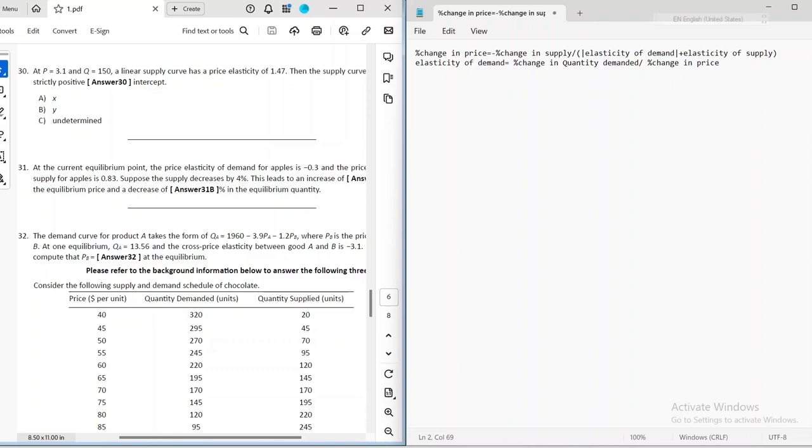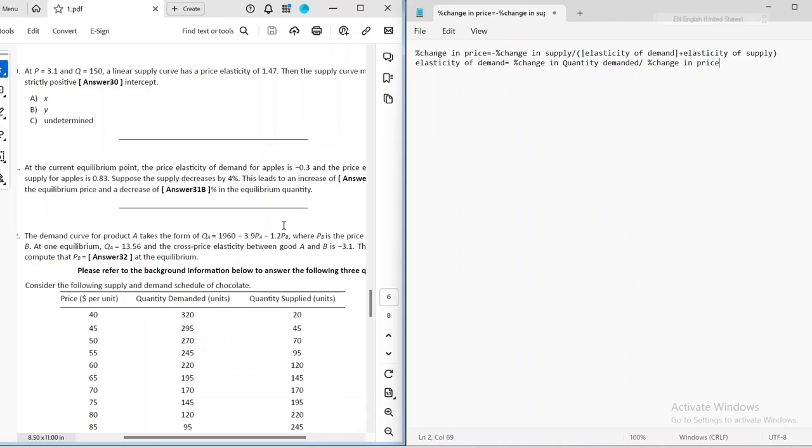All right, so you are given elasticity of demand. All right, so this is minus 0.3, and then okay, from the upper equation you can find out the percentage change in price, and then there is only one unknown quantity, that is percentage change in quantity, so you can find out this as well.